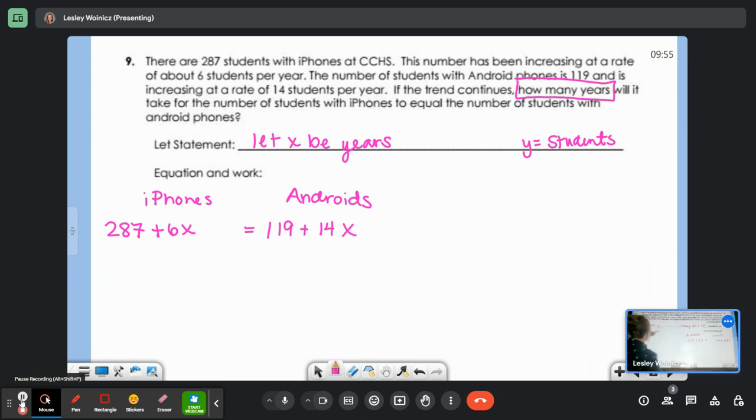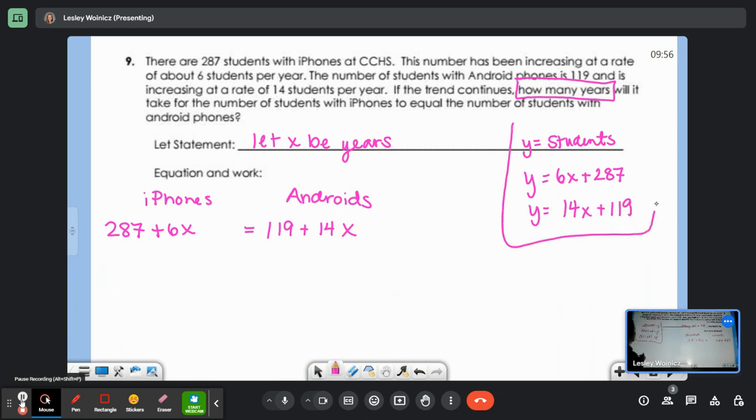All right, so then we would have to say Y equals 6X plus 287 and Y equals 14X plus 119. You see that I have a system right here? Okay, so we were doing kind of like systems way before we ever got to unit 8, right? Now I have y's alone. I have an expression that is equal to y that I can plug in right here, and then I get that equation. Does everybody see it?